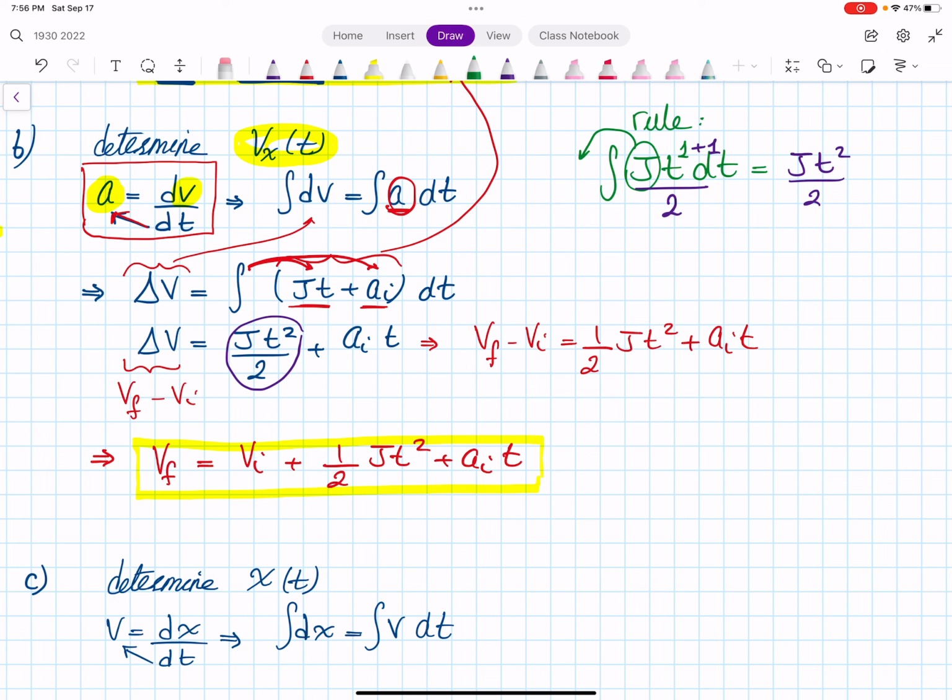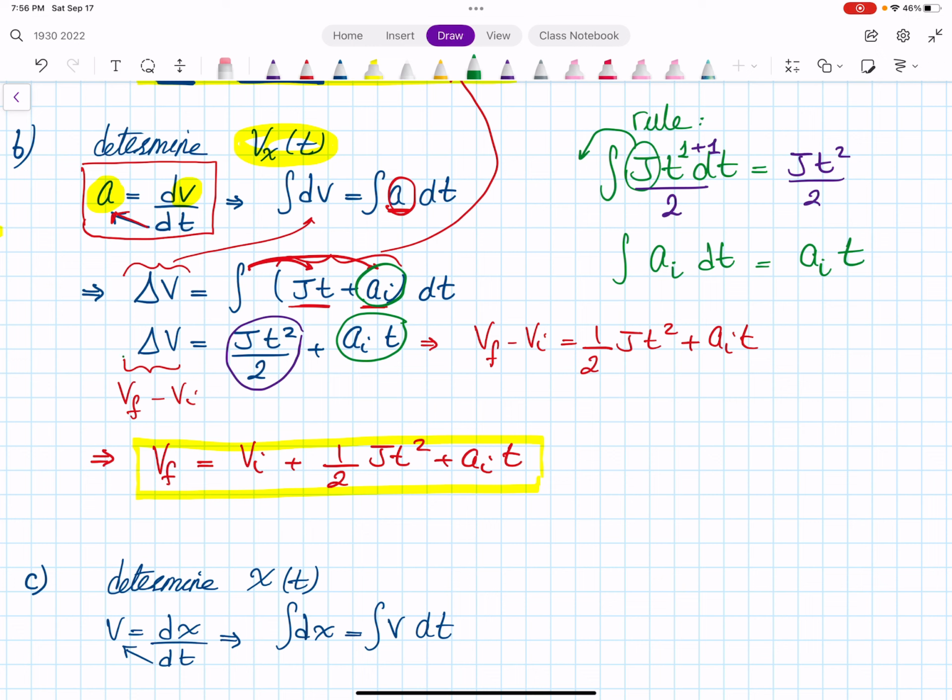How do you integrate a sub I? Another rule we have. Every time you integrate a constant, in this case the constant is called a sub I, with respect to some variable, you're going to have the same constant remaining and you're going to put the variable t, which is why you have a sub I t here.